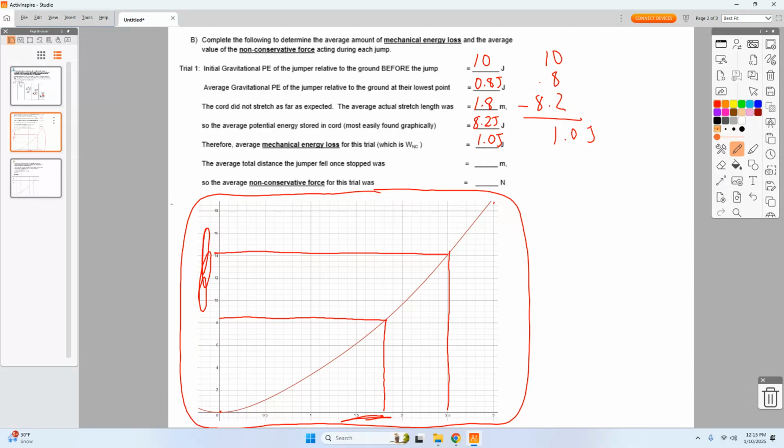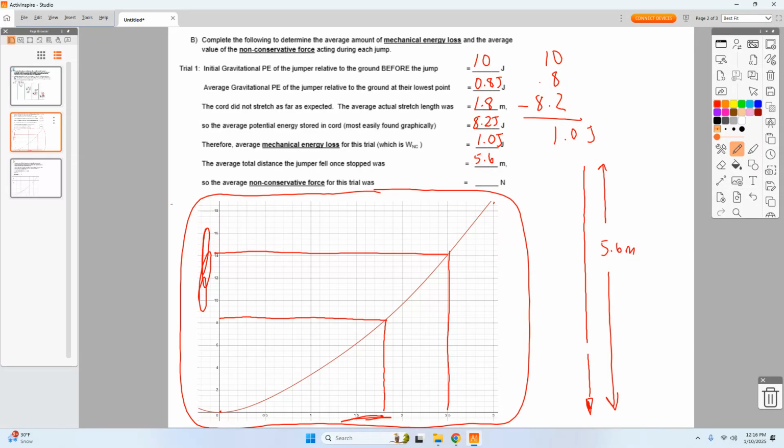And so the average distance the jumper fell, let's say the bungee cord was here, and it stretched some, and they got all the way down to this particular point. The distance that they fell, if they came up maybe half a meter short, maybe it was 5.6 meters was the total distance that they fell. And so the average distance the person fell was about 5.6 meters.